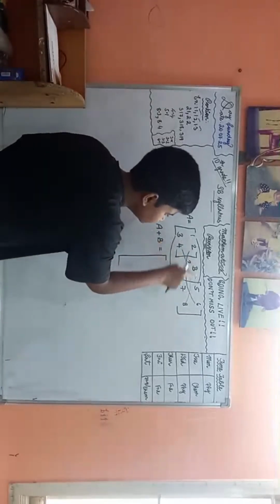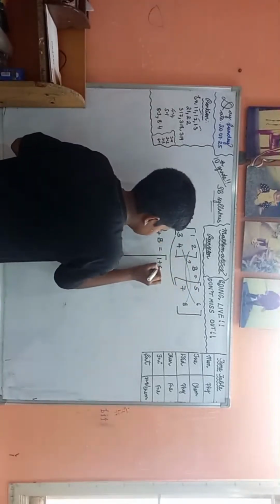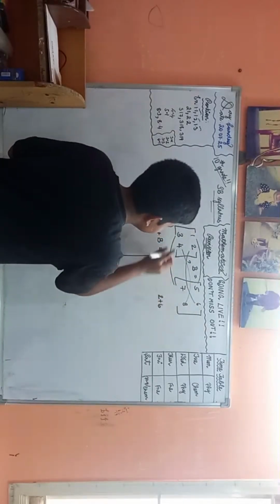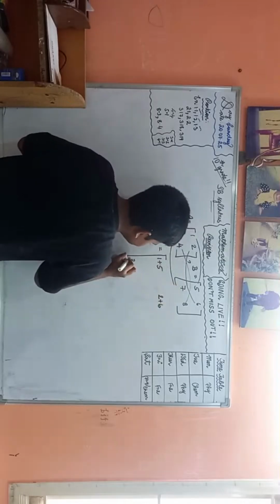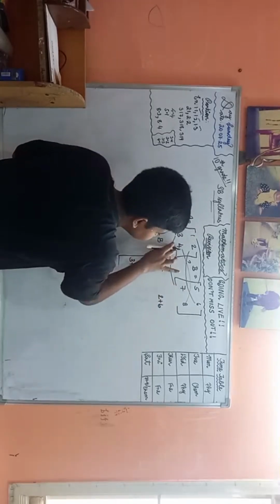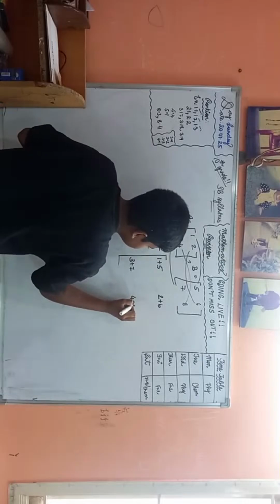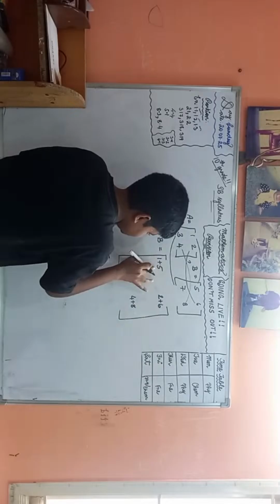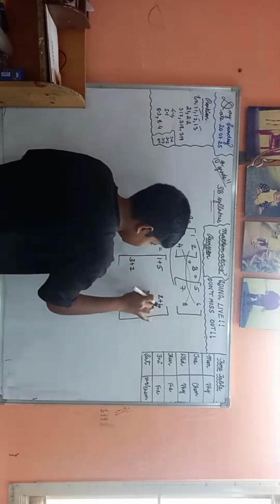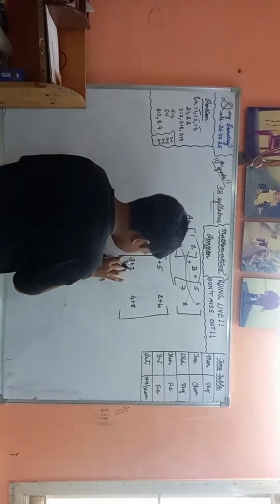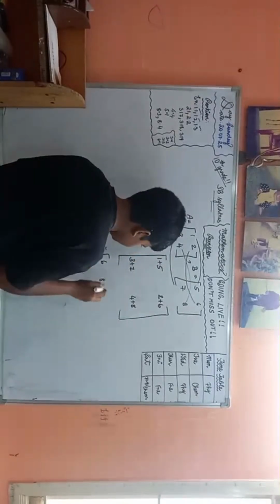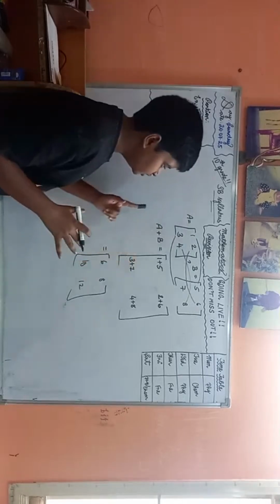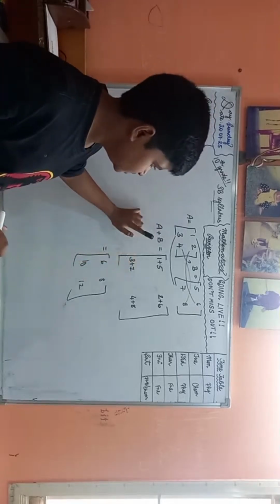So 1 plus 5, 2 plus 6, 3 plus 7, 4 plus 8. So what is 1 plus 5? 6. 2 plus 6? 8. 3 plus 7? 10. 4 plus 8? 12. So guys, this will be the answer to A plus B.